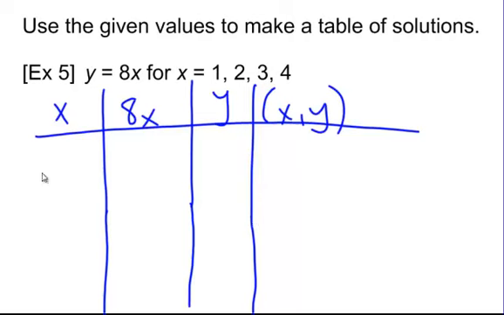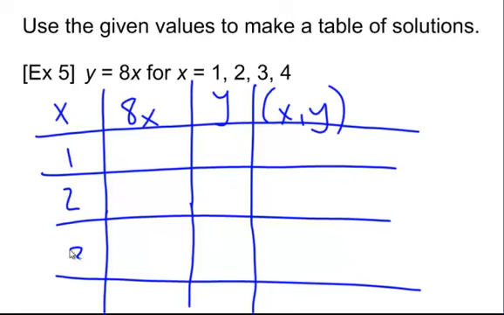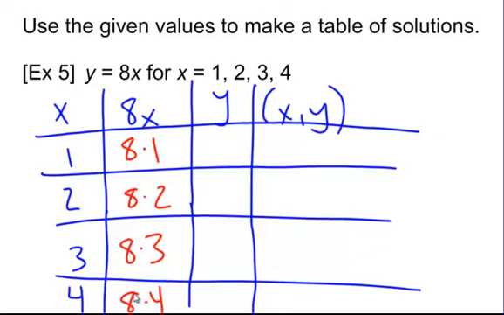So here's what it looks like. For my x's, I have 1, 2, 3, and 4. Since these are my x's, and I'm doing 8 times x, I'm doing 8 times 1, 8 times 2, 8 times 3, and 8 times 4.